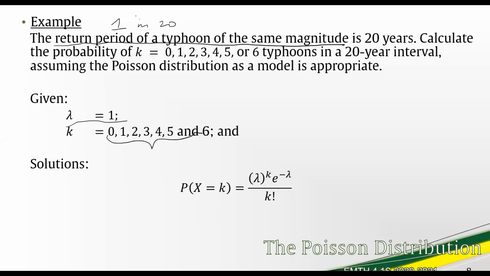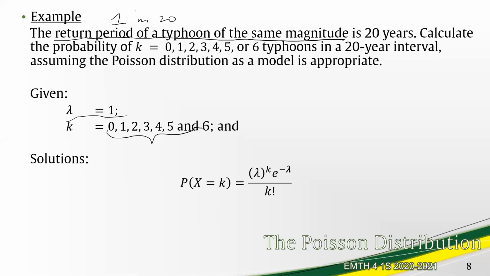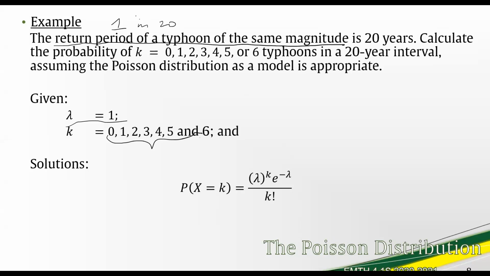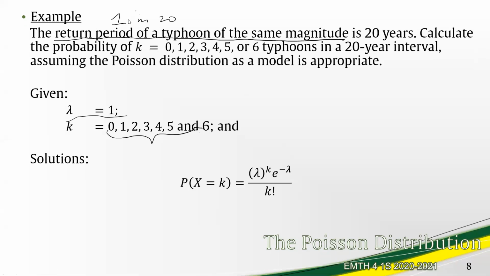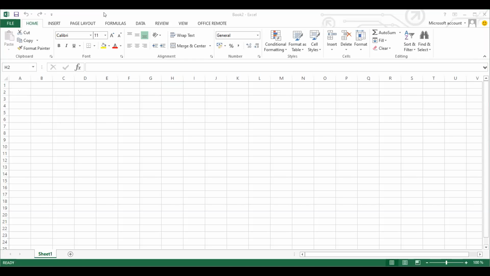Now, to solve for this, we are going to make use of an Excel spreadsheet again, or spreadsheet software. What we're going to do is lay it out. I'm going to share my screen so that we could see that. Okay, now you have the screen.